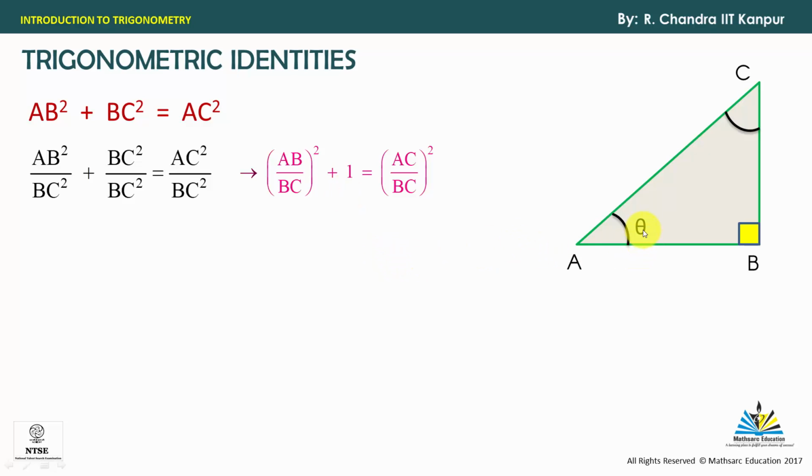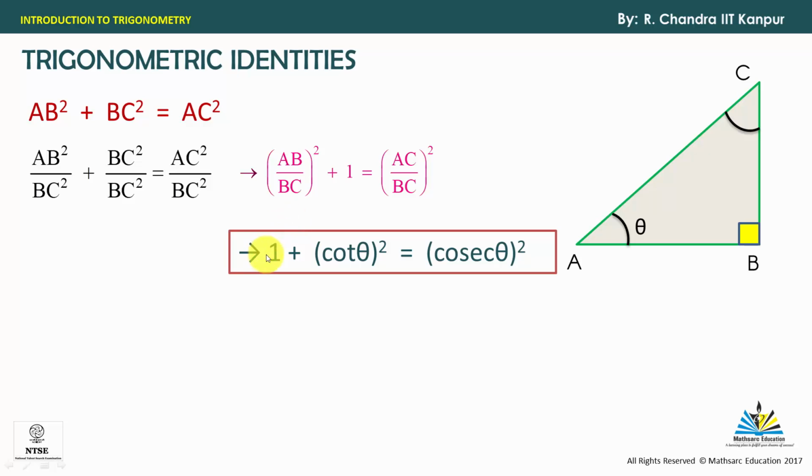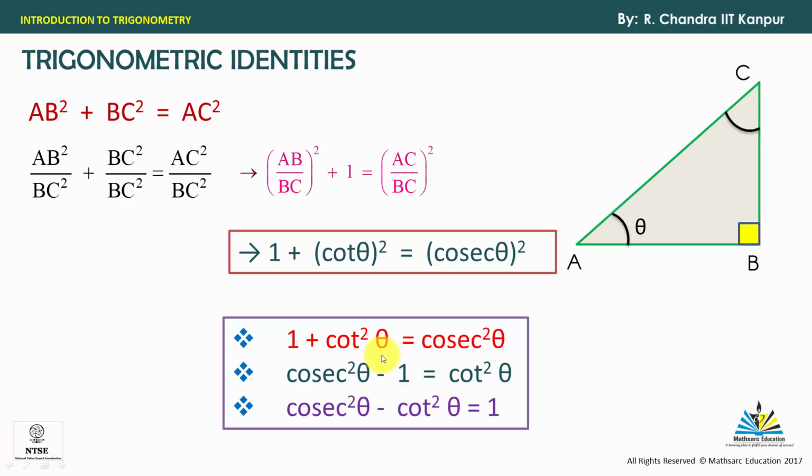Now with respect to this angle theta, AB upon BC is cot theta, and AC upon BC is cosec theta. Hence the identity becomes 1 plus cot square theta is equal to cosec square theta.